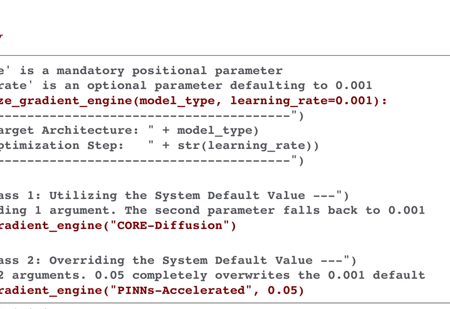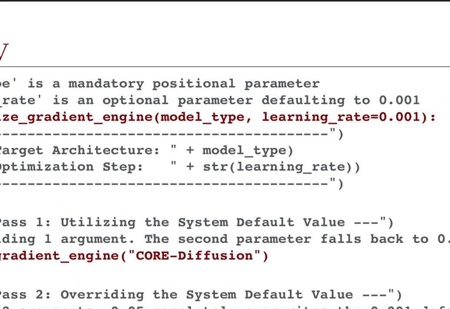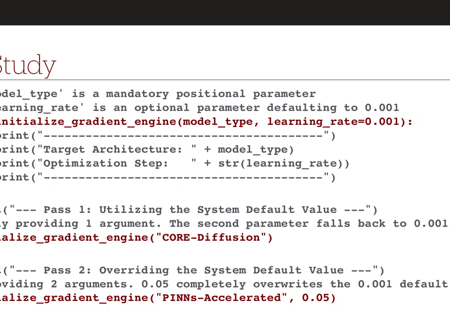So here is an example. I define a function with two parameters, model type and learning rate. In the case of the model type, there is no default value. But in the case of the learning rate, I predefined the value 0.001.